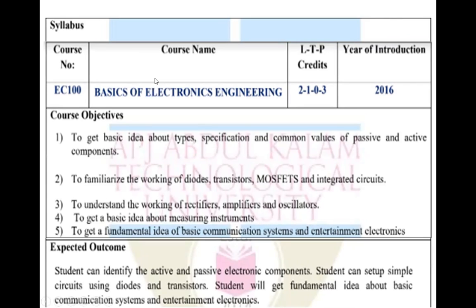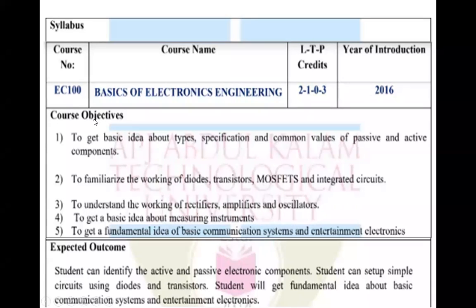This is our syllabus, which we get from our university, KTU, Kerala Technological University. This is the front part. I've taken the syllabus of Basics of Electronics Engineering as an example, as it will be familiar to all of us. At the top you have the course objectives: to get a basic idea about types, specifications, and common values of passive and active components.